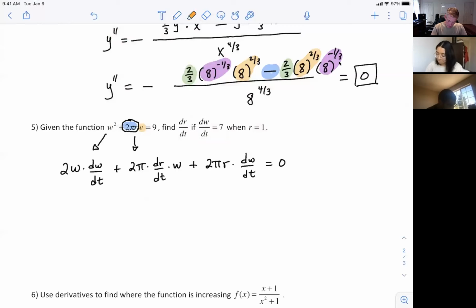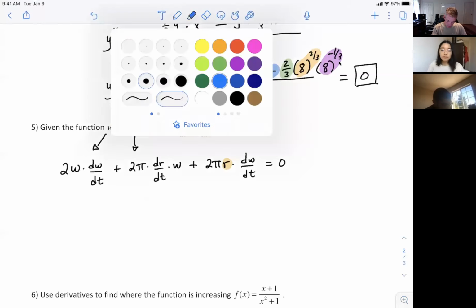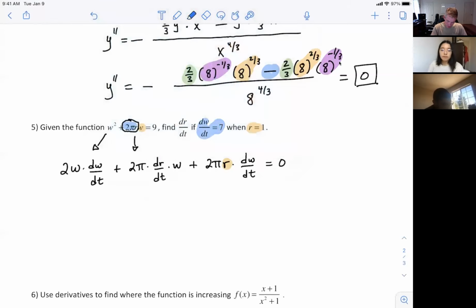So I've got that r equals 1, so that's going to go right here. I've got dw/dt equals 7, so that's going to go right here. But then this one and this one also both say you need to know what w equals.